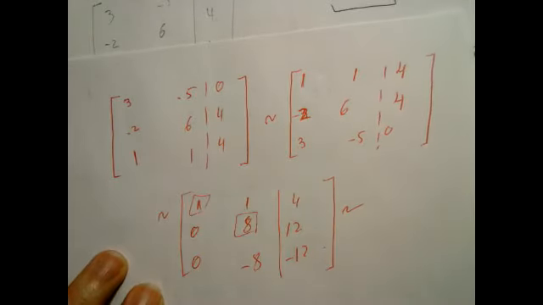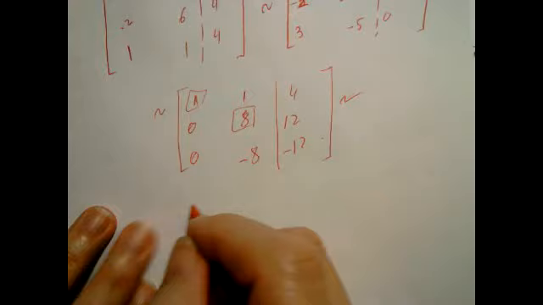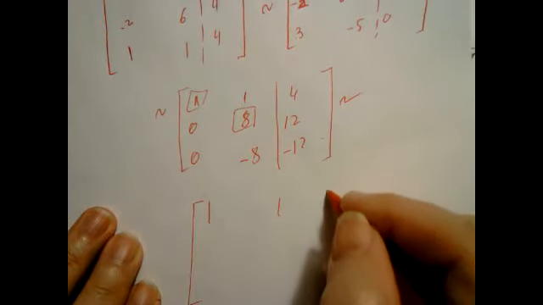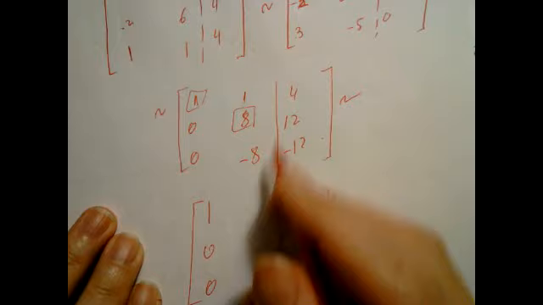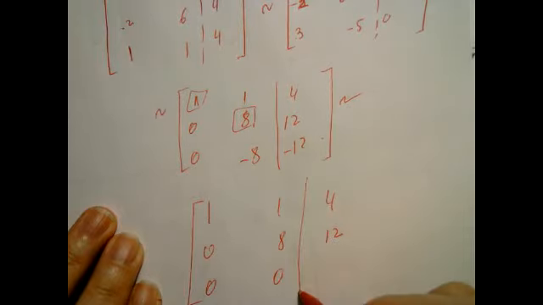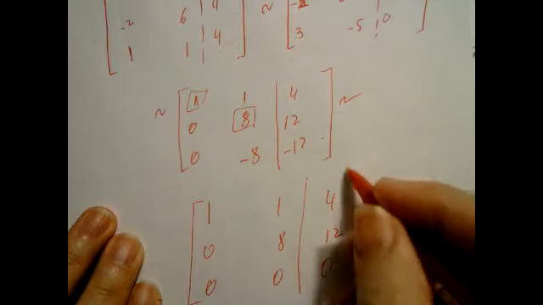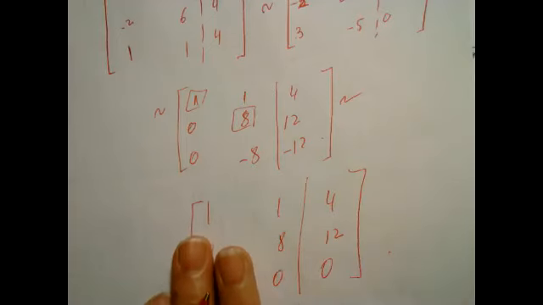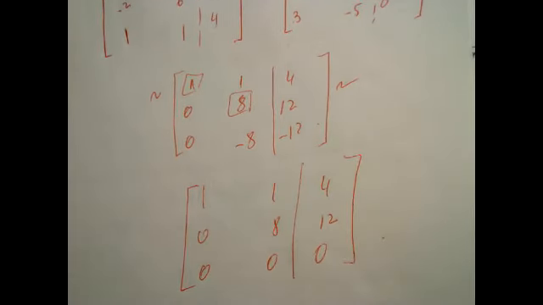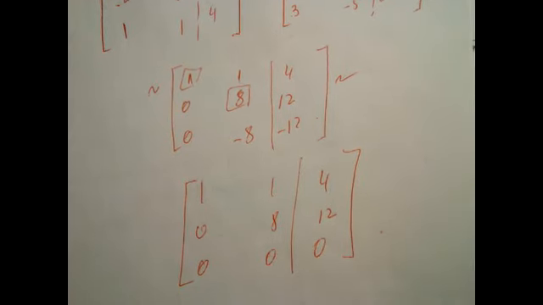All right, and now I'm not in echelon form. You don't stop. But it's clear what's happening. 8 minus 8 is 0. 12 minus 12, it's a 0. All right. So is there a solution? Is the system consistent?